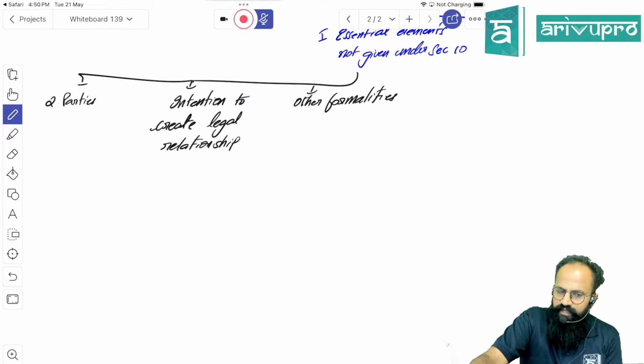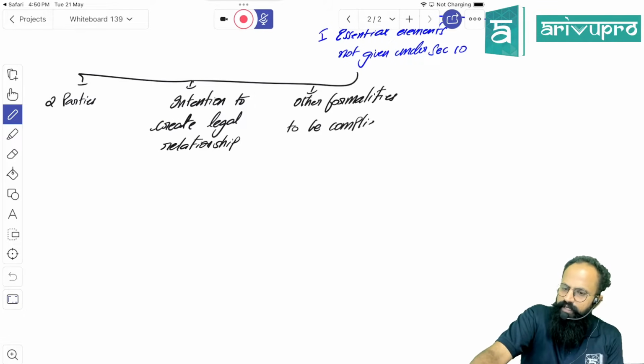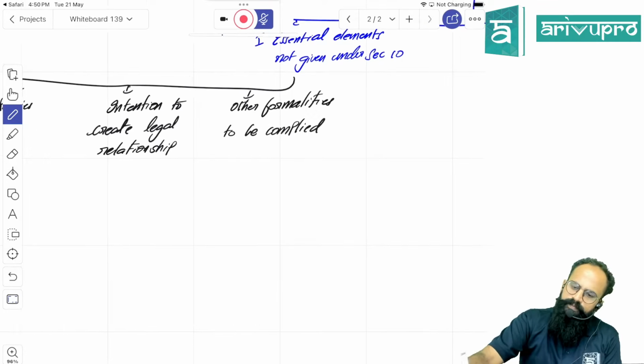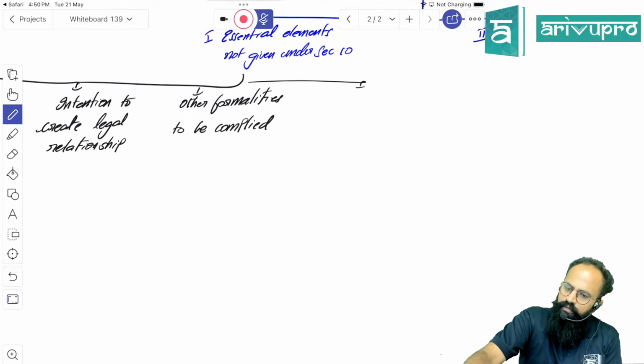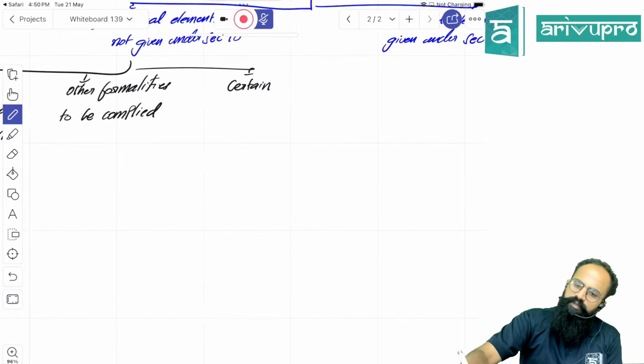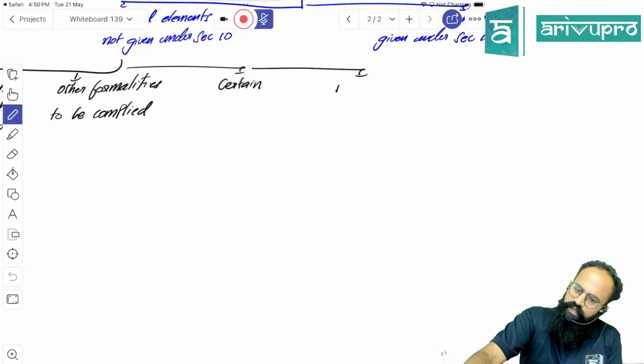Other formalities to be complied. It has to be certain. It has to be possible to perform.